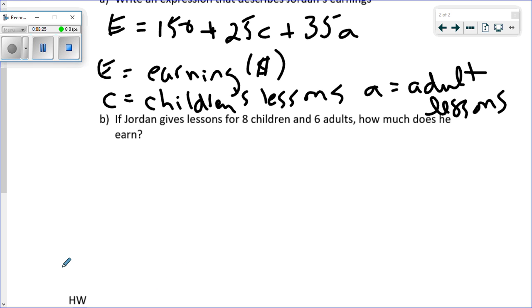Now, one of the common mistakes I find people make is that they always want to piecemeal this and do their own thing and figure it out the way they would back in grade 7 and 8. What we want you to start doing is, you've made a formula, use the formula you made.